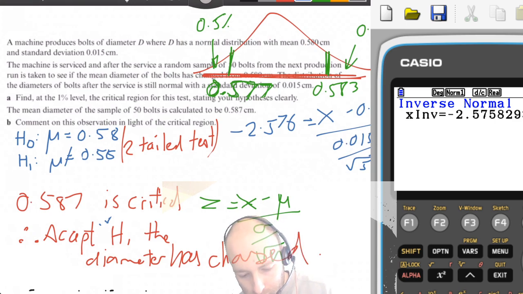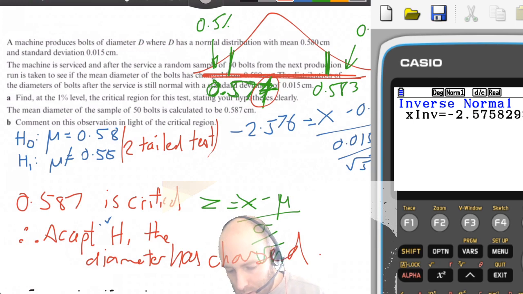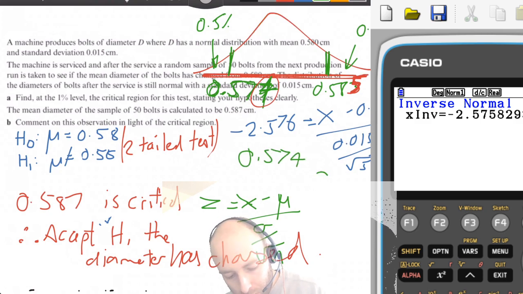So yeah, it should actually be 0.574 there. So if you guys could change that digit to a 4. And the upper one, 2.576 times by 0.015 over root 50 plus 0.58, 0.585. It doesn't actually make much difference, but my decimal places were out by 2. So yeah, 0.574 and 0.585 were my critical regions.